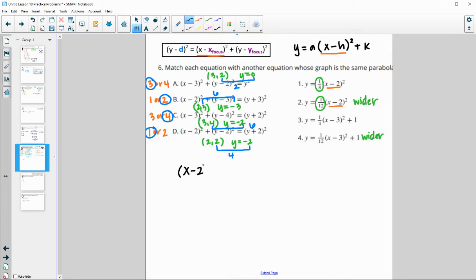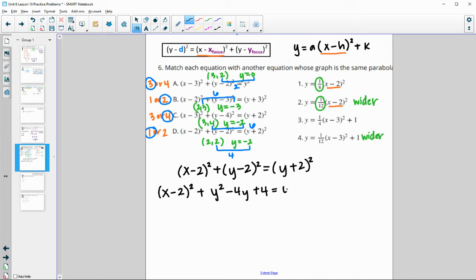So if we do (x minus 2) squared plus (y minus 2) squared equals (y plus 2) squared, in these ones you leave the x binomial alone, and you multiply out the y binomials. So this would be y squared minus 4y plus 4 equals y squared plus 4y plus 4. Then we want to get all of the y terms on the same side. So we'll subtract the y squared. We'll add 4y.